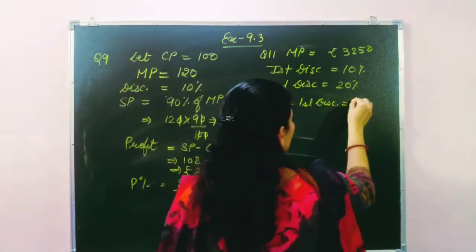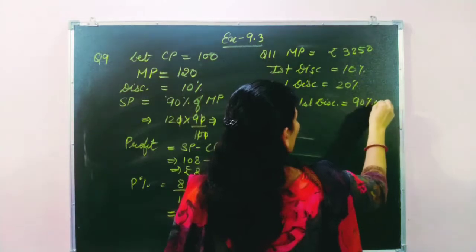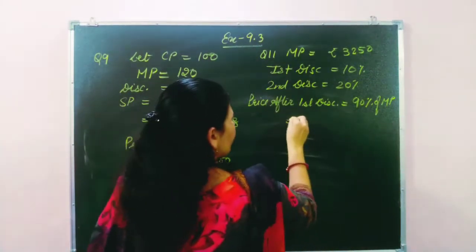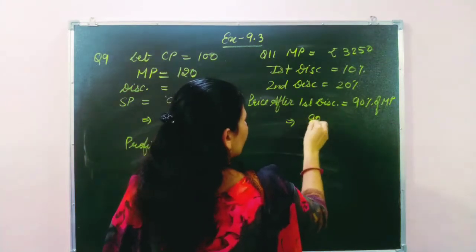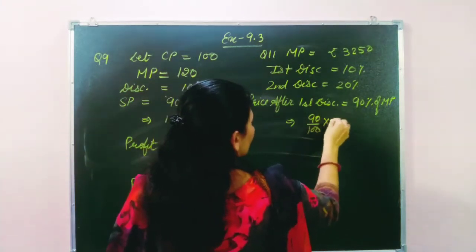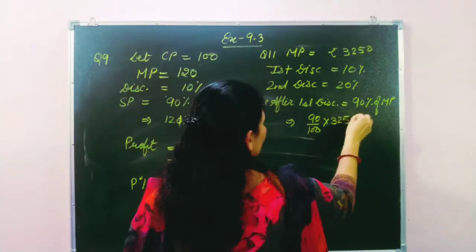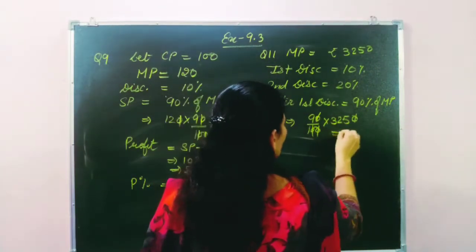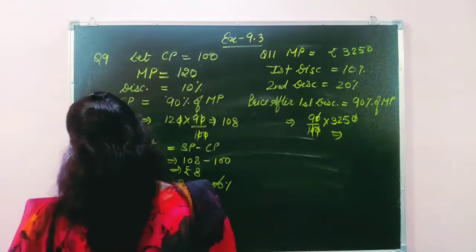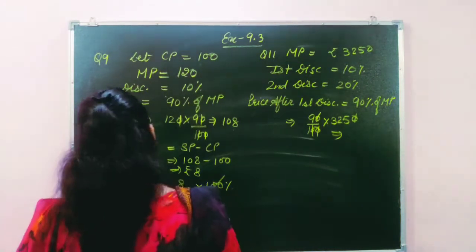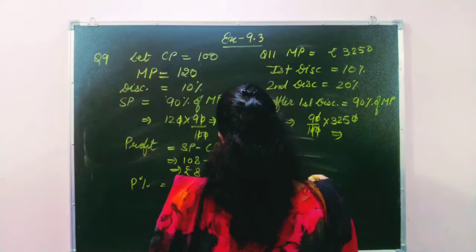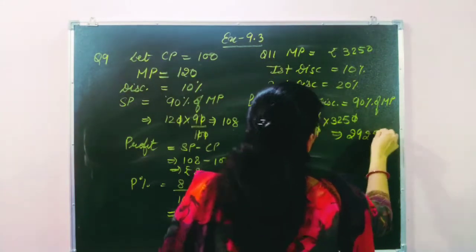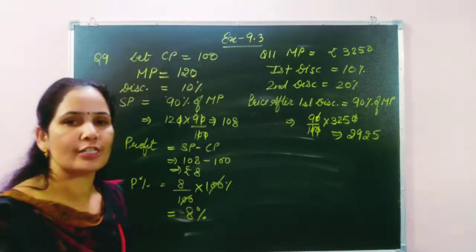So we write 90% of MP. MP is 3,250, so 90 by 100 multiplied by 3,250. Cancel the zeros. If we multiply 9 with 325, we get 2925. This is the price after the first discount.